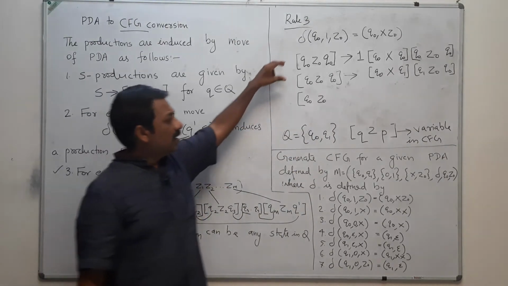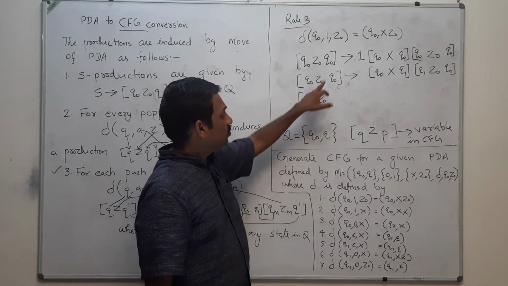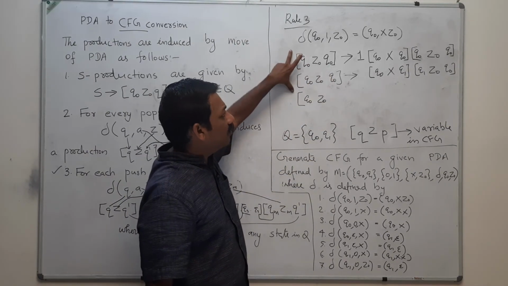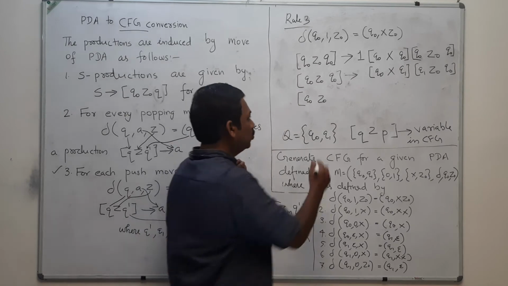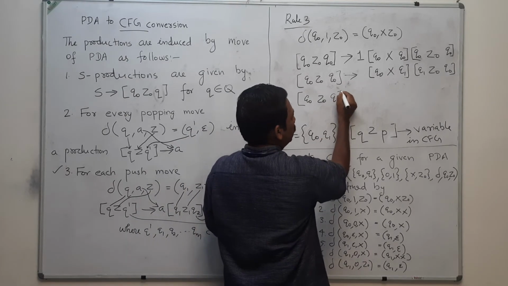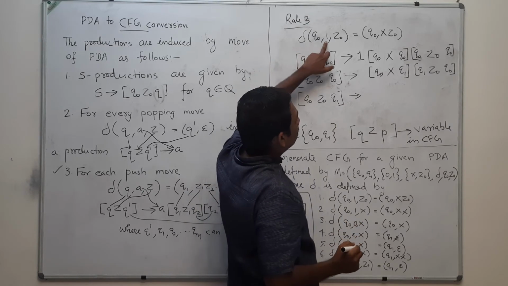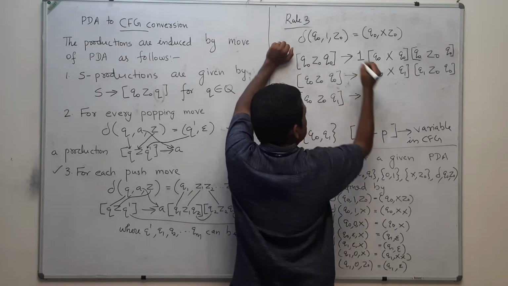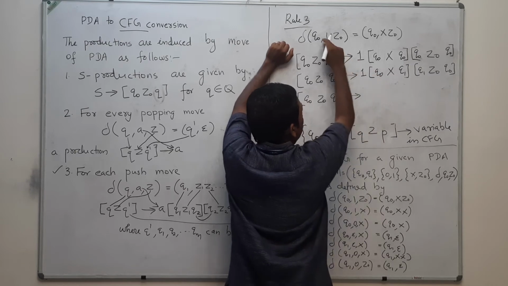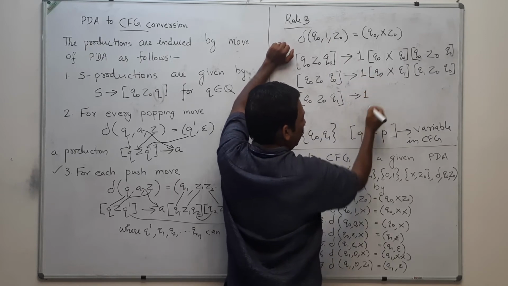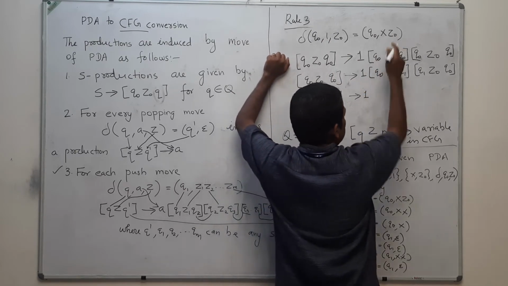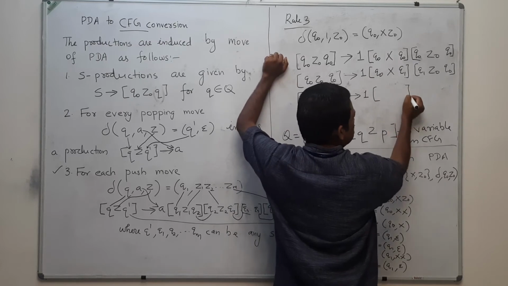If Q dash is Q0, we have developed two productions, and if this is Q1, what will happen? Again, the input is 1. That means here also you have 1. This 1 will come here, and x, Z0. You have two variables.